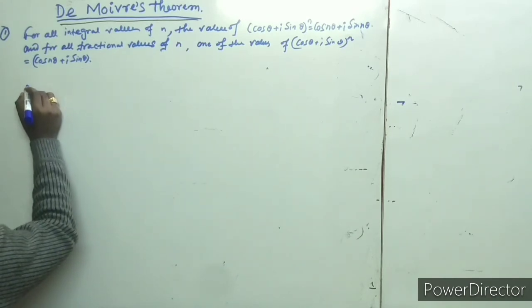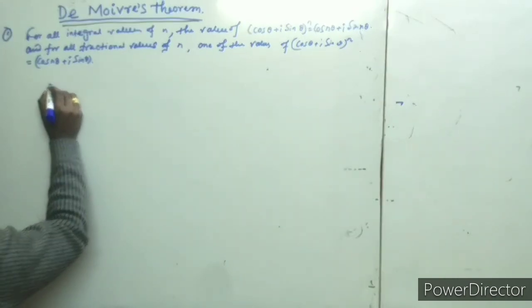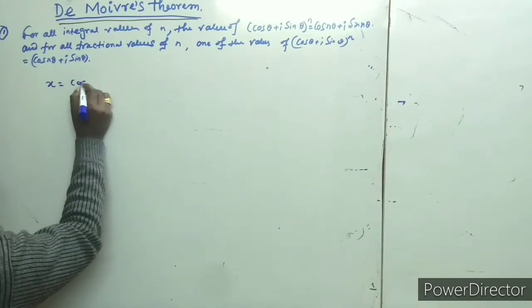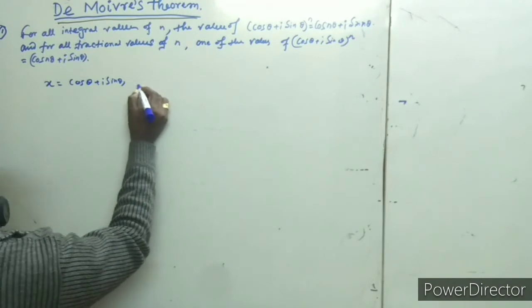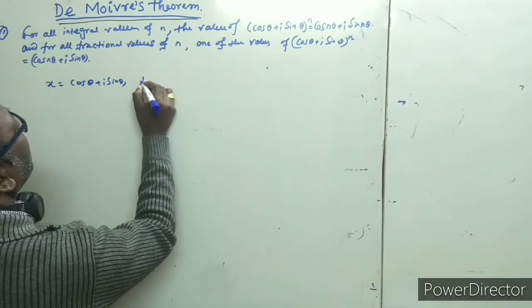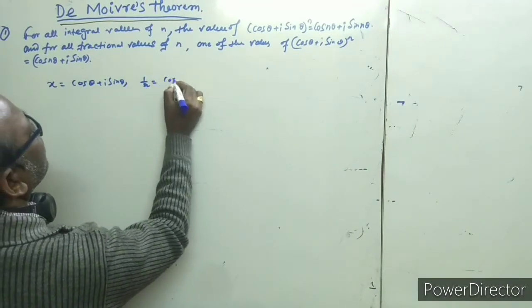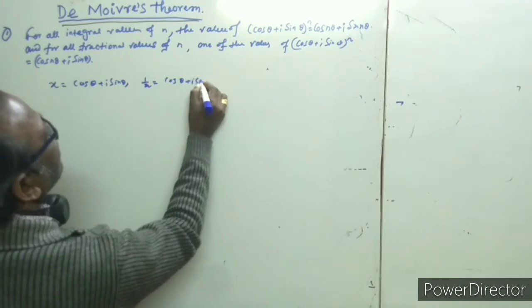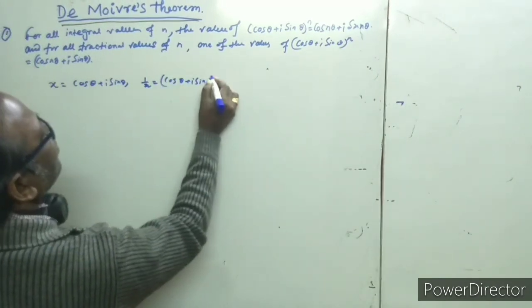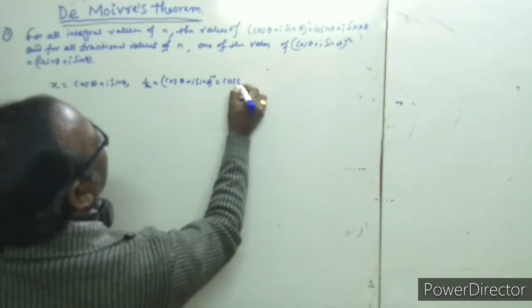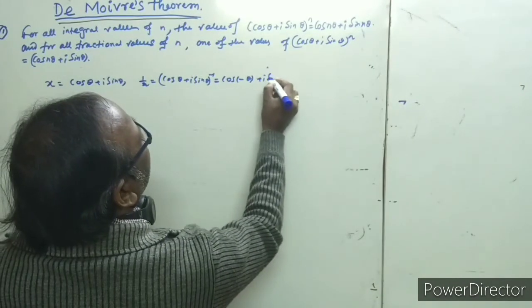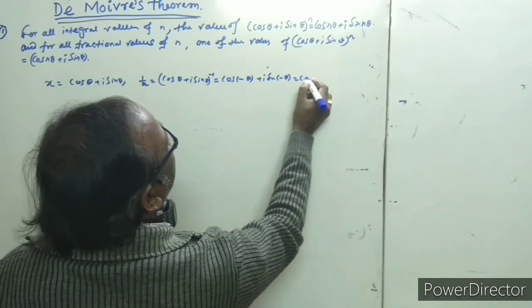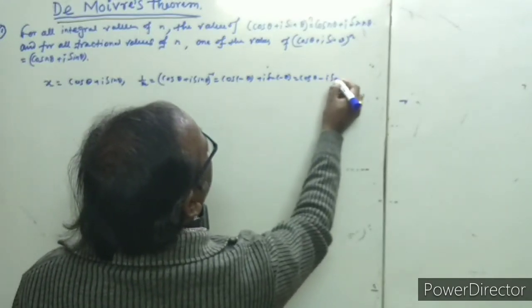Now see the expansion. Let x be equal to cos theta plus i sin theta. Then 1 by x is cos theta plus i sin theta to the power minus 1, so we can write cos of minus theta plus i into sin of minus theta, and that will be cos theta minus i into sin theta.